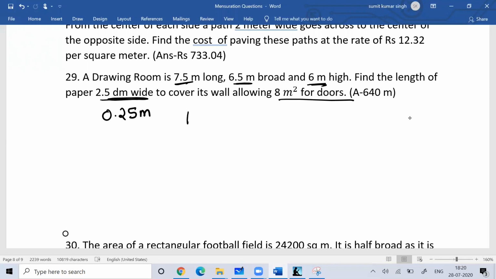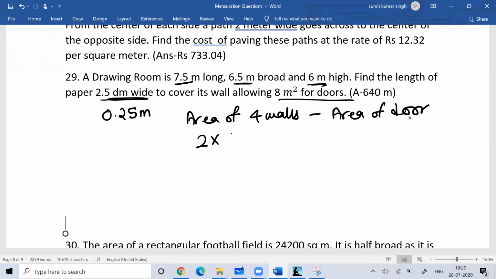So you just need to find the area of four walls minus the area of door, that is the covering part. So this is the area of four wall, that is 2 into h into l plus b, minus area of door, that is 8.